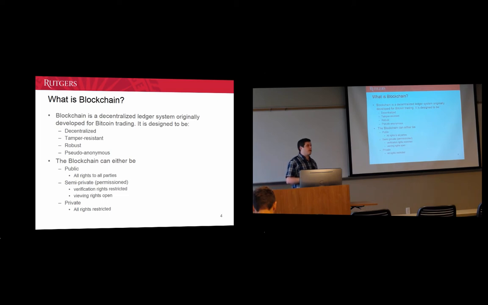So if you want to participate in Bitcoin trading, I'm pretty sure you actually need to download the entire Bitcoin blockchain onto your computer, but that's for Bitcoin mining. For Bitcoin trading, you can operate through a wallet house, like an exchange, right? And they can have it for you.